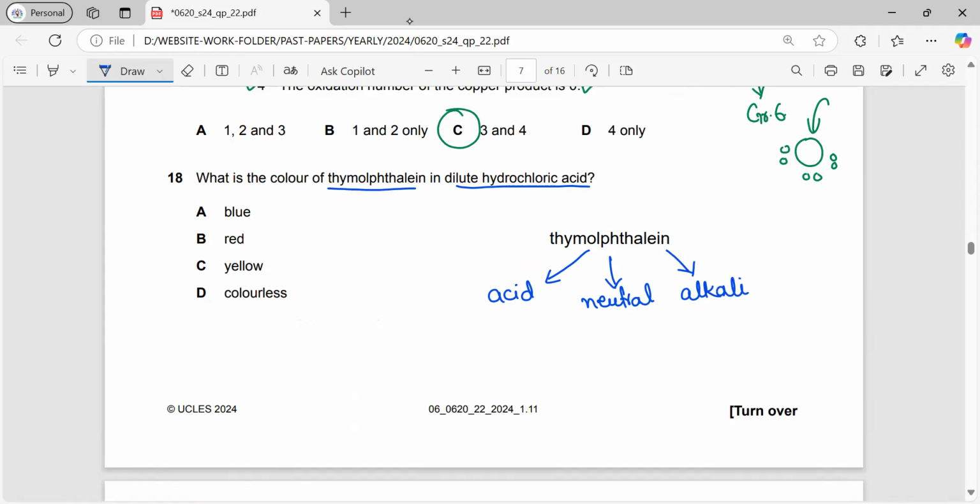It is the indicator which indicates that a solution is acid, neutral, or alkali by changing its color. Thymolphthalein is colorless in acid and neutral. And in the alkaline solution, it's blue. So in acid, thymolphthalein will be colorless. D is the correct option.